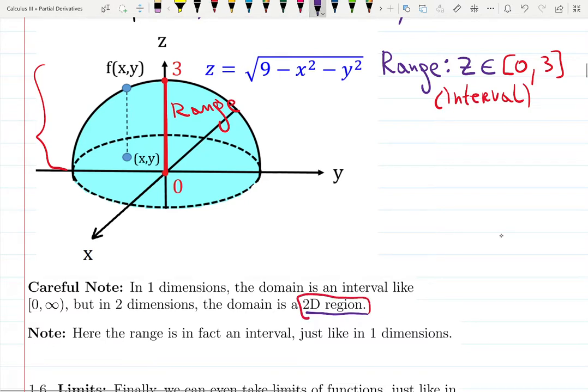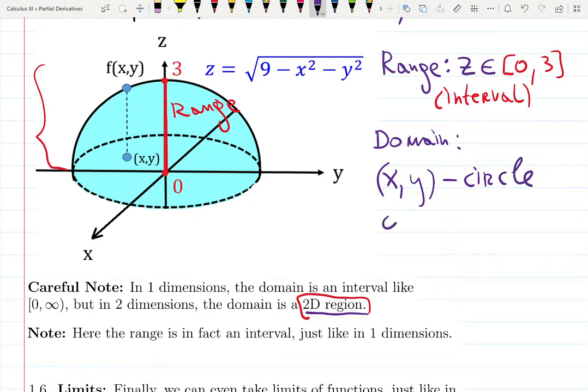So let's write down what the domain is. Domain is my projection on the plane, which now we know how to call it, the xy plane. Domain now has 2 variables, x and y. And this is a circle. What kind of circle?